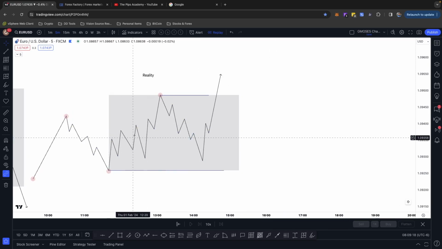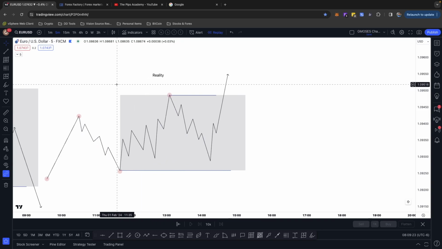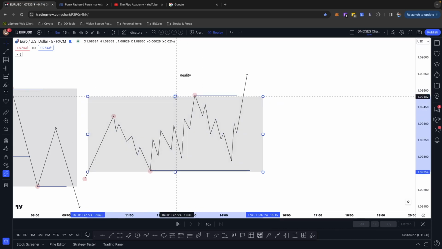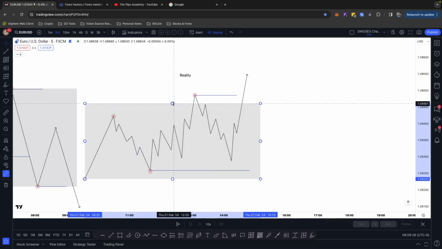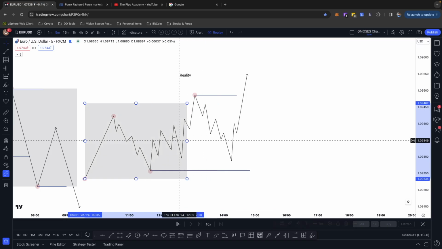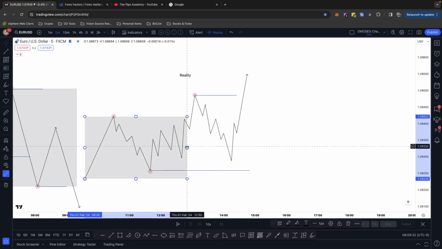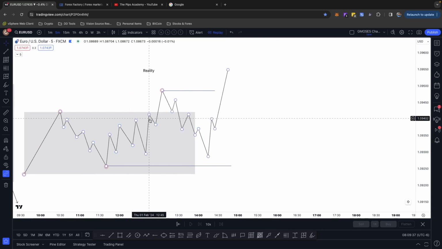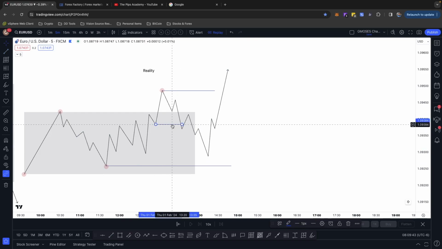A lot of this internal structure can confuse traders, because of what traders will do, let's move this back over to this area here. Sometimes traders will confuse themselves and get tripped up. They'll say, okay, I see that price broke out of this area, and in this area we had a break of structure.